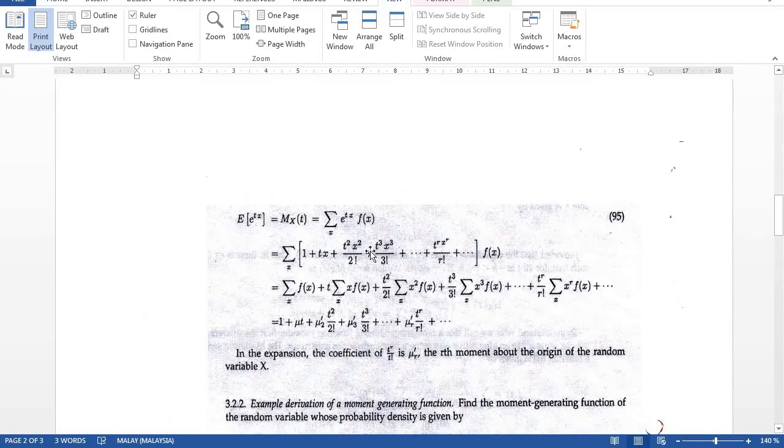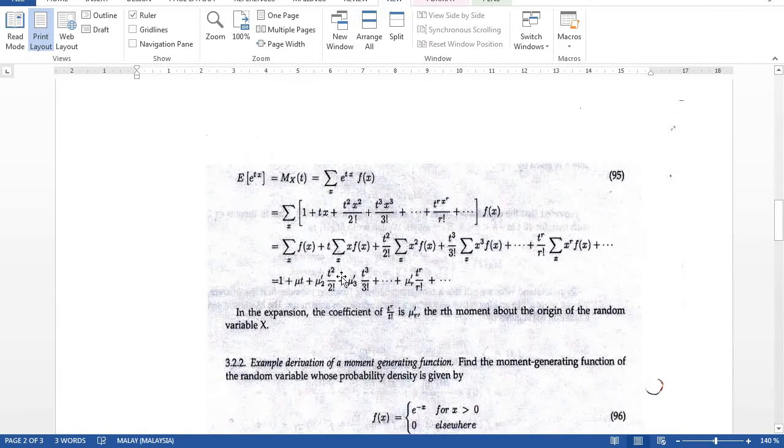And then we expand it. So we just expand it: 1 times f(x), and then this term times f(x), and so on. So we get this long series, and then the sum of f(x) will be equal to 1.